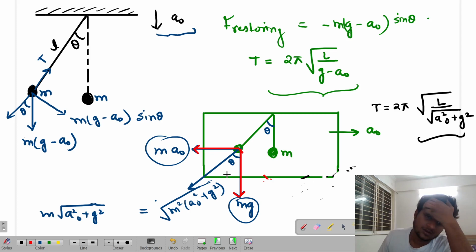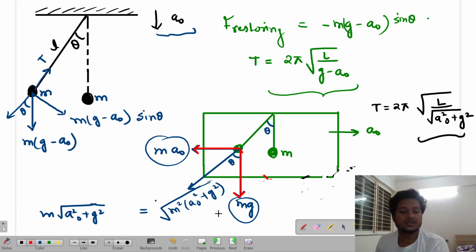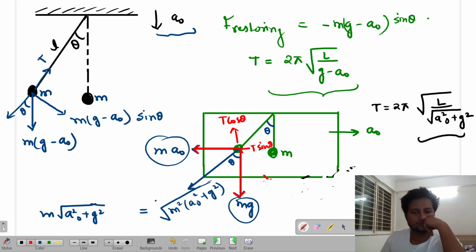See, it's a very rare chance that it will oscillate. You asked a very good thing actually, that where is the sine theta component? So it's not getting resolved on the basis of sine theta. If this is that force, then I can resolve it like t cos theta, t sine theta. Are you able to get me or not?